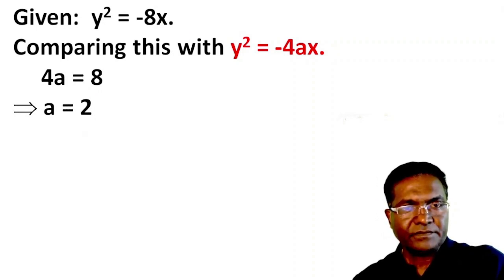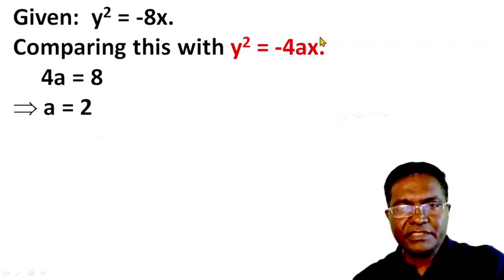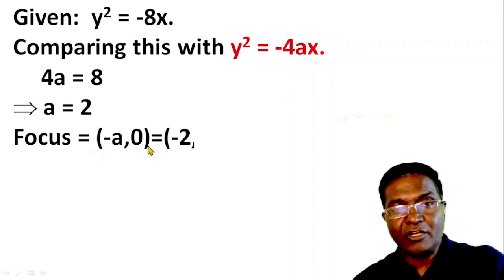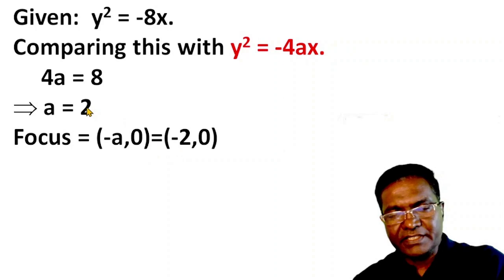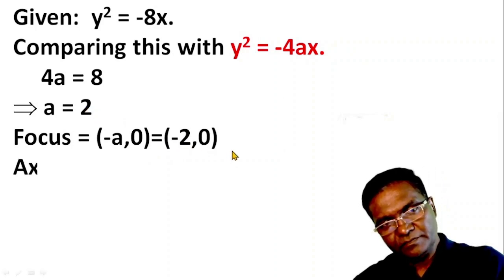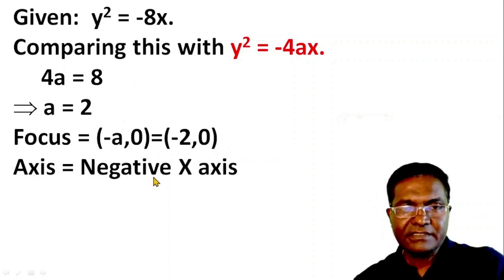Now, can you tell me the focus of this? Focus of this is bending towards negative x-axis. So focus is on negative x-axis. So focus coordinates, as I mentioned, are minus a comma 0. A is 2, so minus 2 comma 0. Axis is negative x-axis.